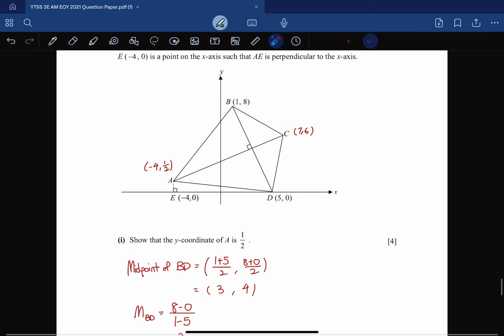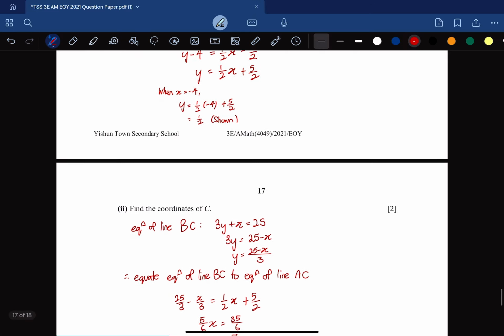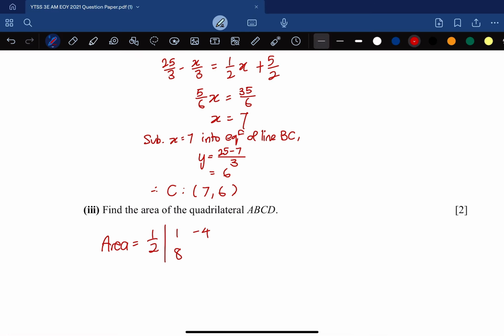So to use the shoelace method, I go in anti-clockwise direction. I start from (1, 8), so this will be (1, 8), (negative 4, 0.5), (5, 0), (7, 6), and I go back to the starting point (1, 8).